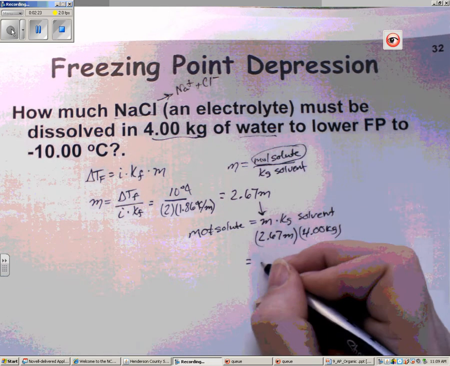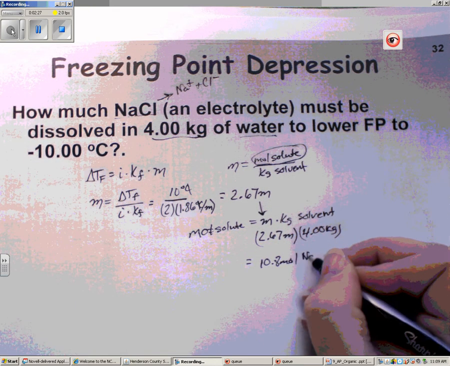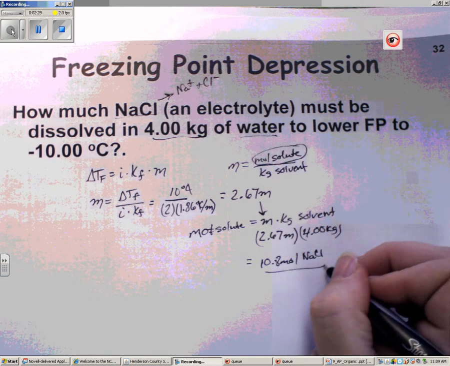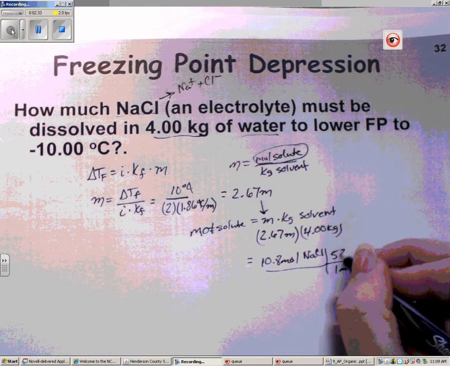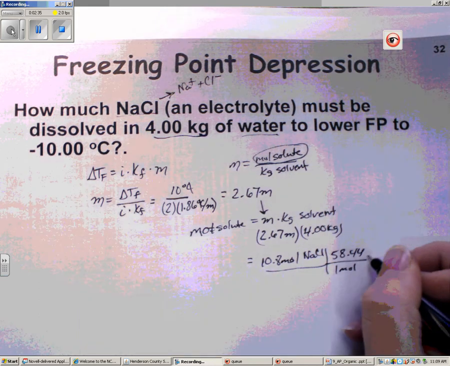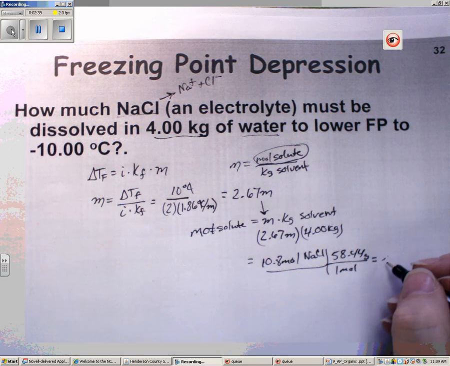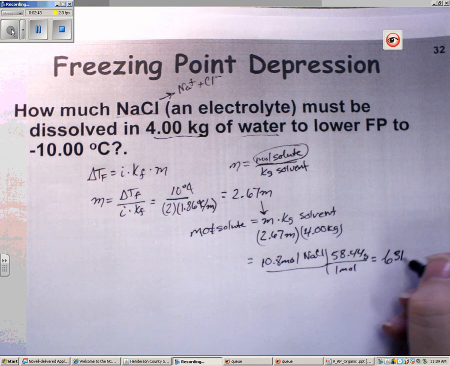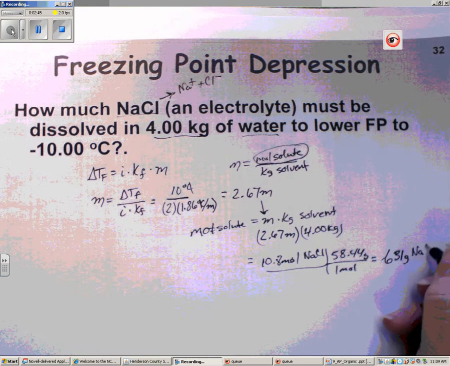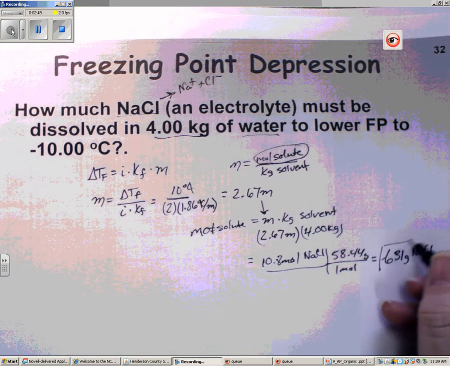That gives me 10.8 moles of my solute NaCl, and then we'll just convert it to grams using molar mass. In 1 mole, there are 58.44 grams, and so you end up with a lot of salt: 631 grams of NaCl have to be added to 4 kilograms of water in order to reduce the freezing point that much.